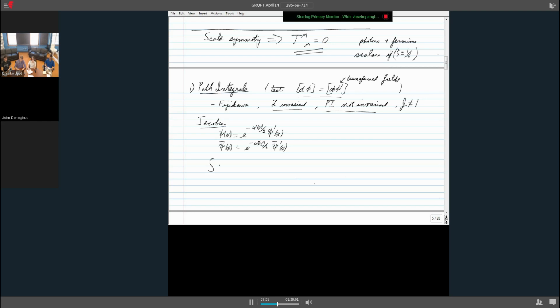The rescaling that I'm going to do is I'm going to look at a fermion field psi of x, and I'm going to rescale it, and the particular rescaling I'm going to choose is psi of x equals e to the minus alpha of x over 2 times psi prime of x. Just look at that part of the rescaling. Psi bar is going to rescale the same way.